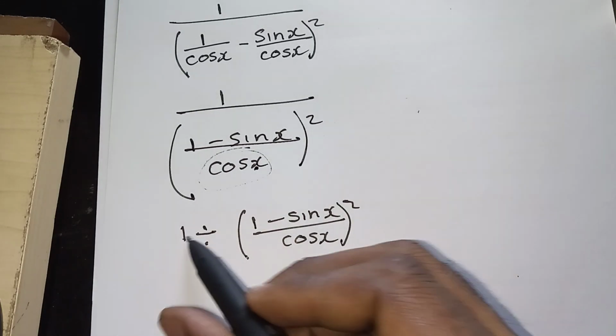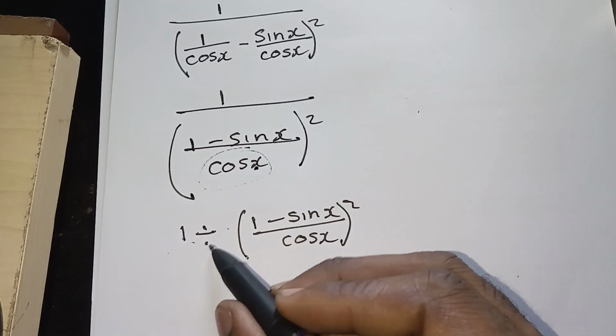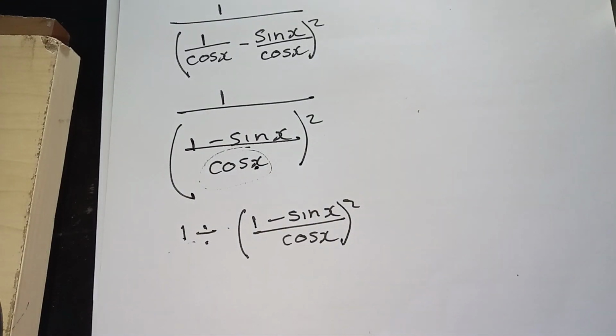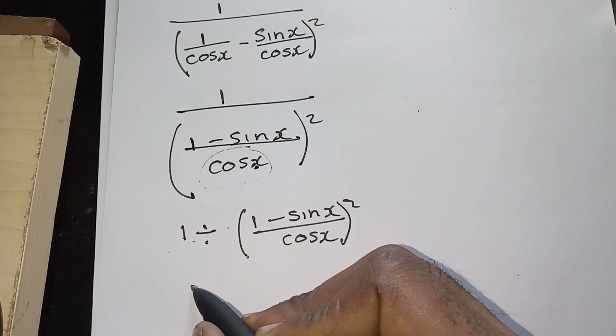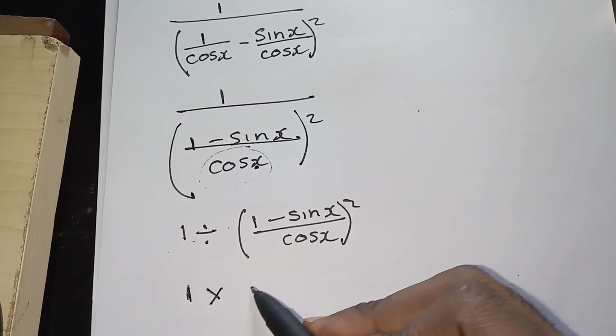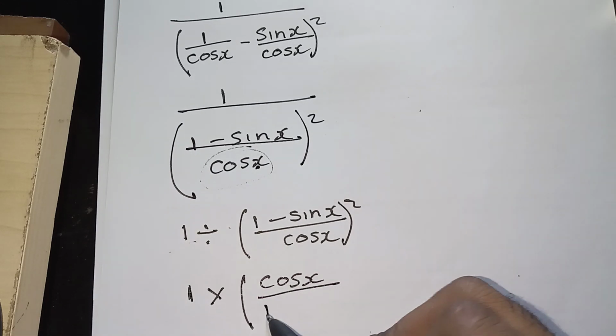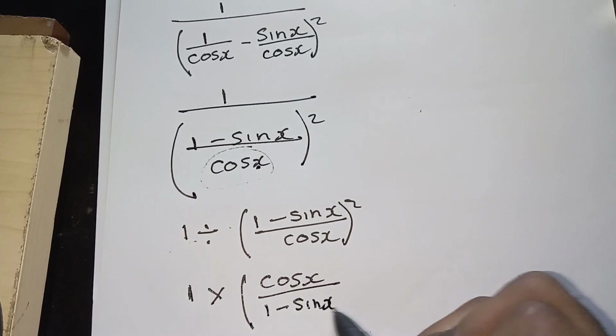So when you have something like this, it means you have to reciprocate this and change the sign there. So this is the same as 1 multiplied by cos x over 1 minus sine x.